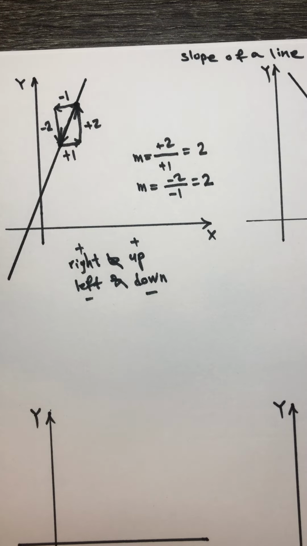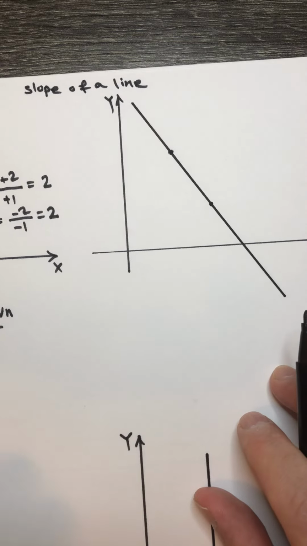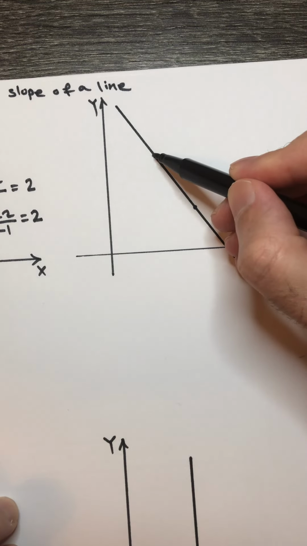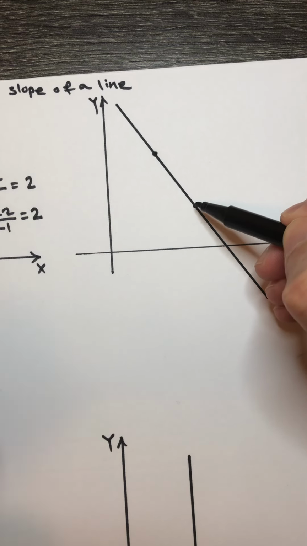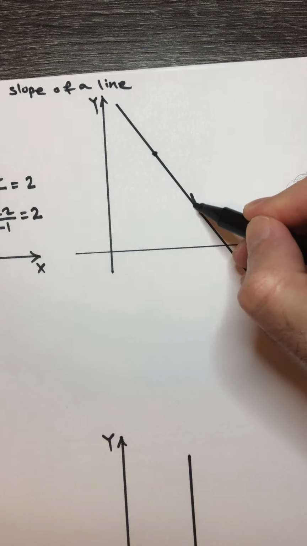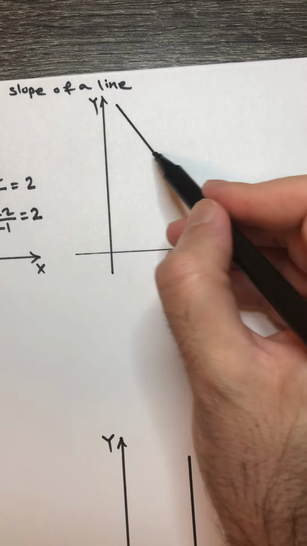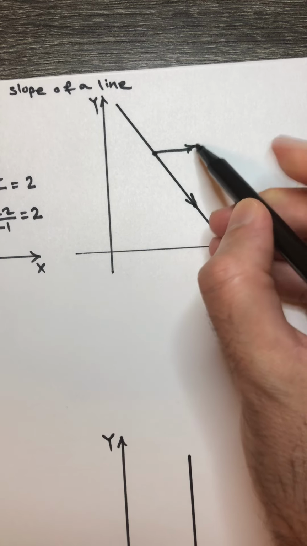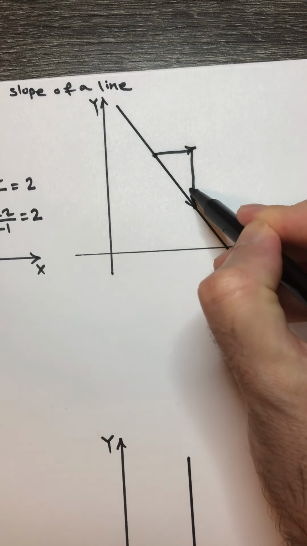Now let's do another example. Let's look at this line. Let's assume we want to go from this point to this point, and we decompose this movement into a horizontal movement and a vertical movement.